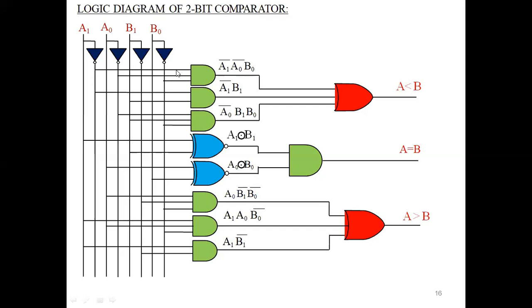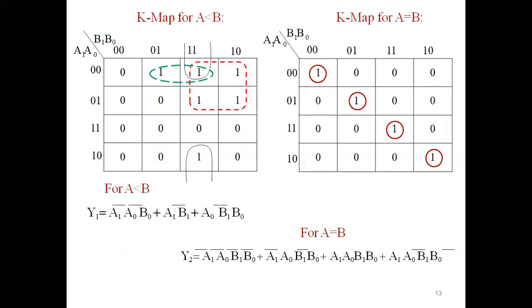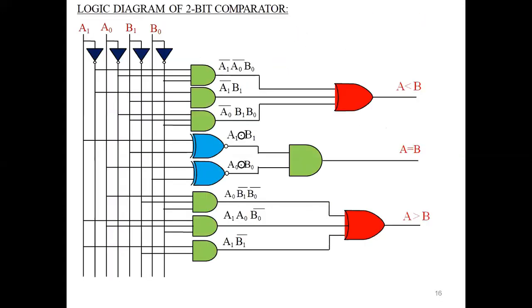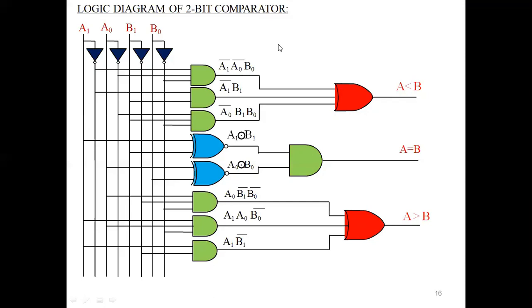So all are zeros here, we will get the connections: A1, A0 dash, and B0 complemented. So A1, A0 and B0 complemented. So finally here the output will be 0.